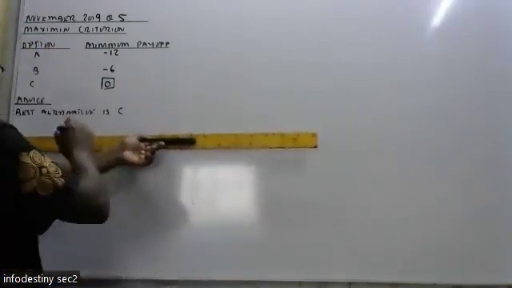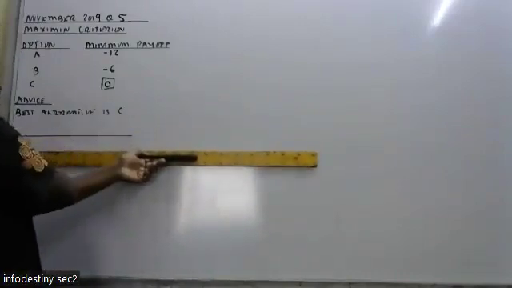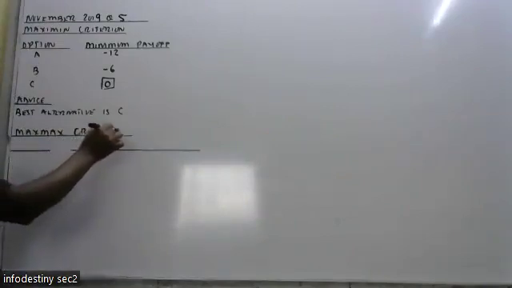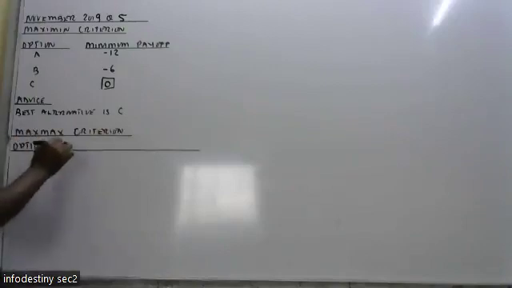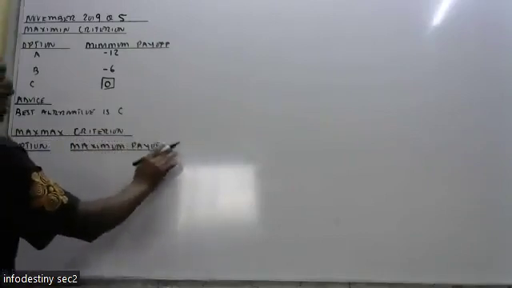The other one is called the Max criterion, or Max rule. So we have the option here, and then you pick the maximum payoff.